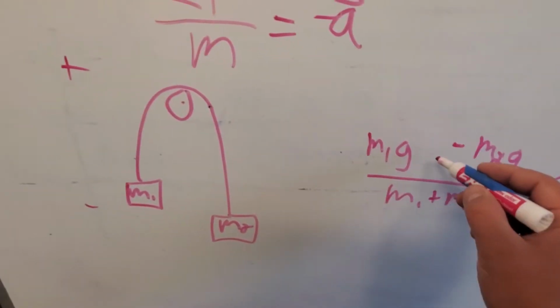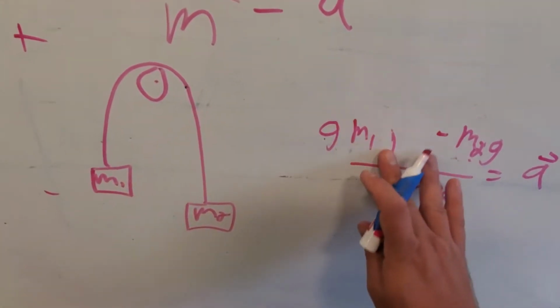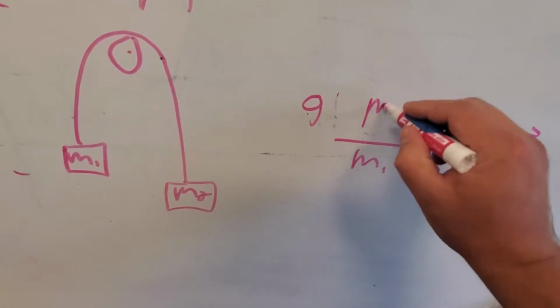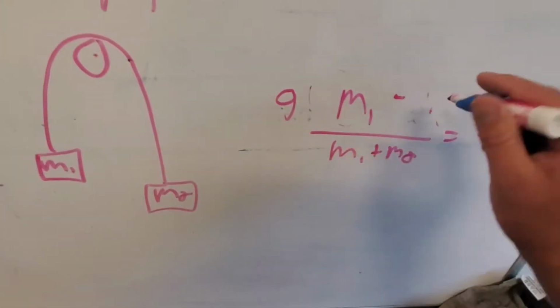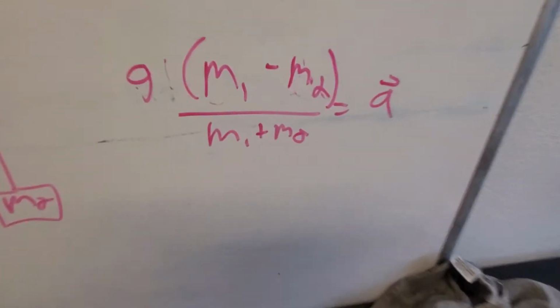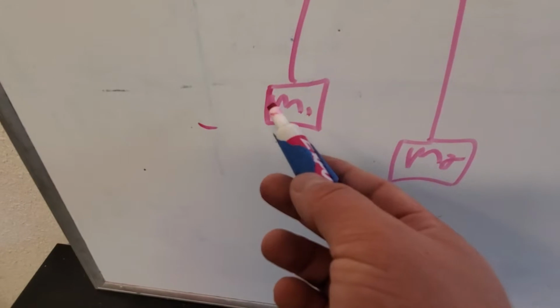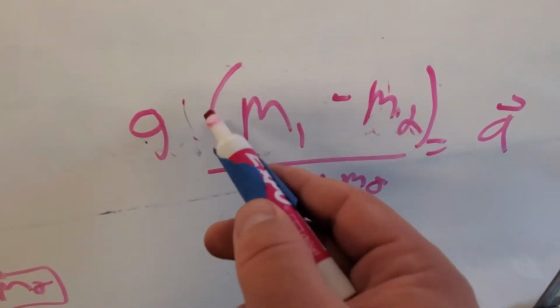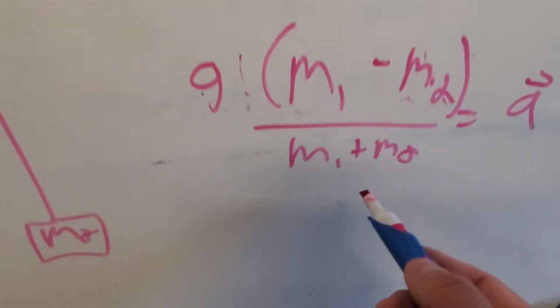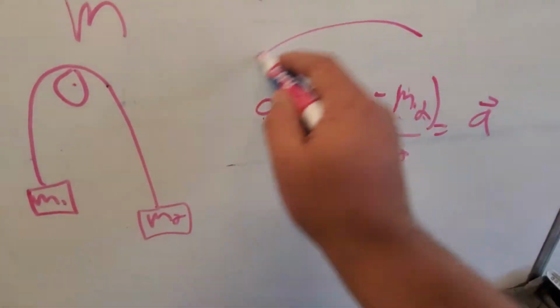So let's pull g out of both of those and put g out front, and I'm just going to rewrite m1 and m2. Using just a few steps, we've ended up back at the same formula. It sort of makes sense, right? The force of mass 1 minus the force of mass 2, divided by the total mass of the system, will equal its acceleration. That is a much simpler form.